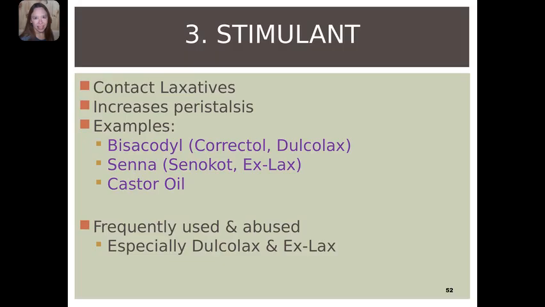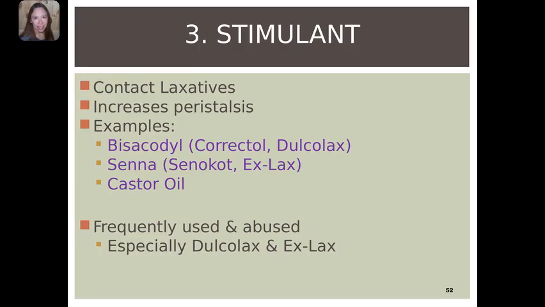You can find these over the counter. The problem with these medications is they are used frequently and they are abused, especially the Dulcolax and X-Lax. If a patient has constipation, these type of medications should only be used short term. These should not be a long-term solution for constipation.